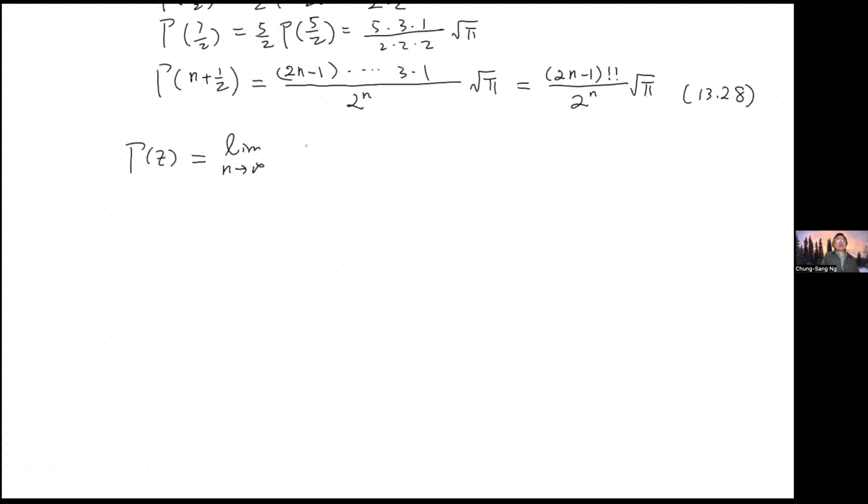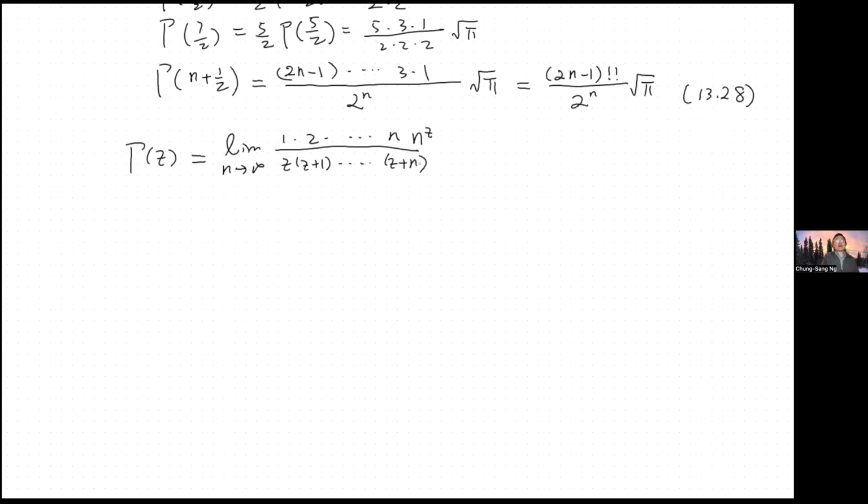So you have n factorial, and then you have z plus 1 all the way to z plus n, and then n to the z. Other than the last one, you can write it as an infinite product. There's n factors in the numerator, but n plus 1 factors in the denominator, because this is z plus 1, this is z plus n.